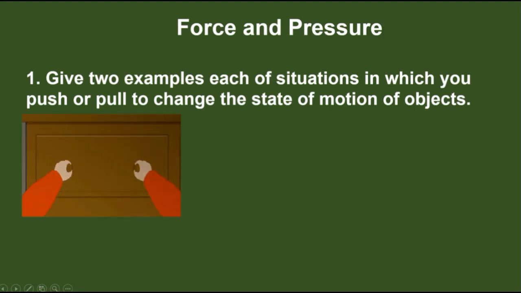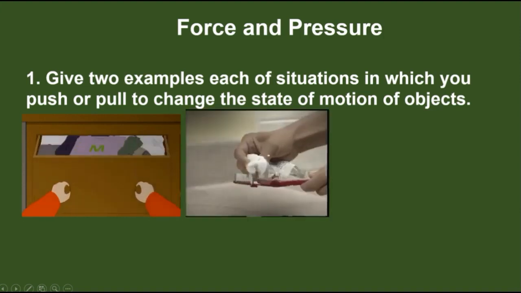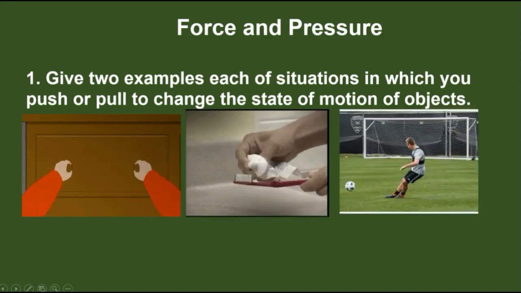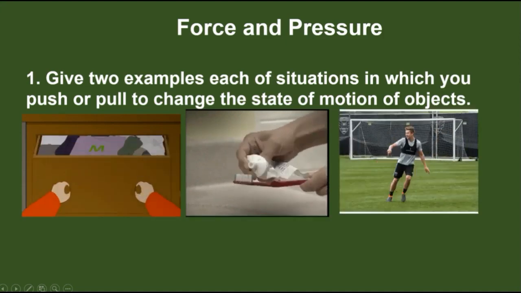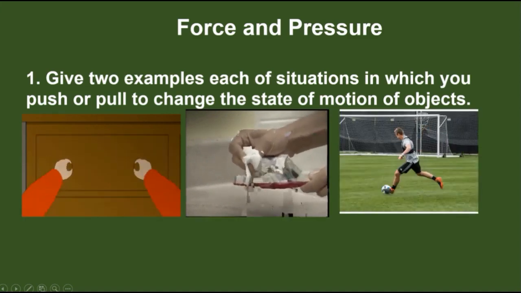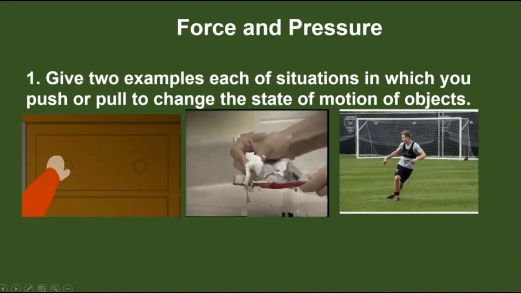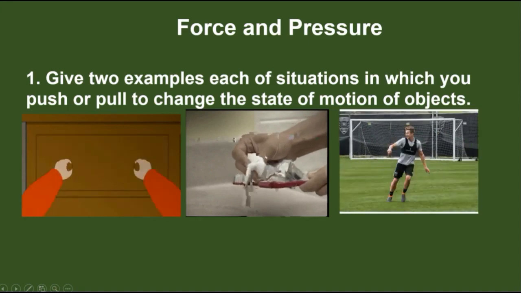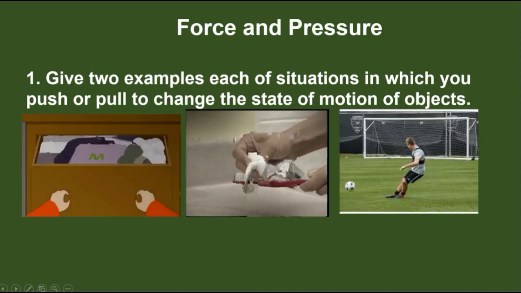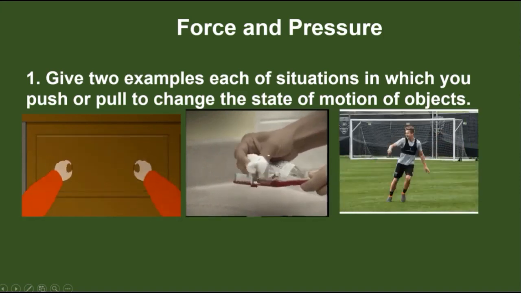You are sometimes pulling the drawer, pulling it so fast sometimes, and pressing the toothpaste so hard, and sometimes when you play football, you're kicking a moving ball. So many examples are there. So I am not giving any specific examples here. You have to write your own examples, right? And write your own examples, not by just picking up from a Google search or any material. So anything which is related to your day-to-day life situation, you pick up and write. That is what is required.